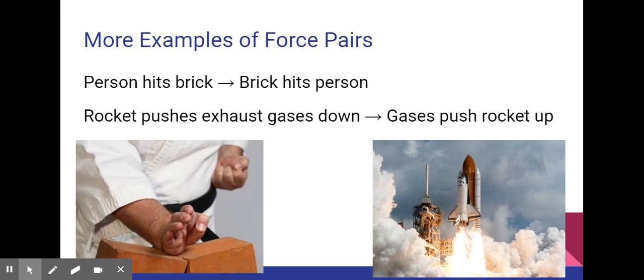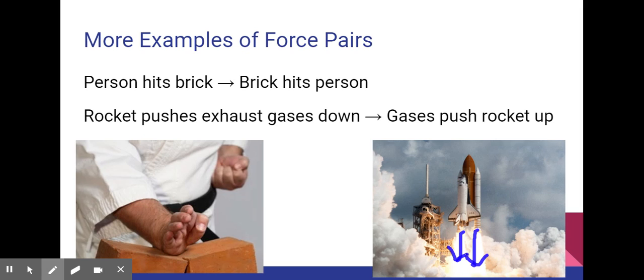So here are some more examples of force pairs. A person is doing some sort of martial arts, and they hit a brick with their hand. So person hits brick, brick hits person. Another big example is a rocket. A rocket is pushing exhaust gases downward. Out of this rocket here from the space shuttle, we've got all of these hot gases being pushed downward onto the Earth.